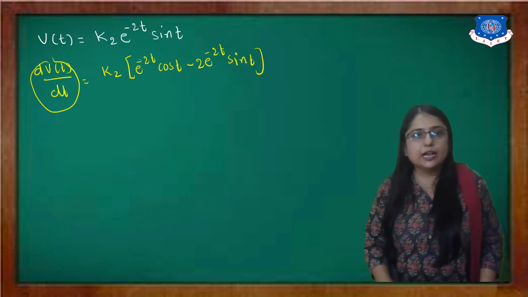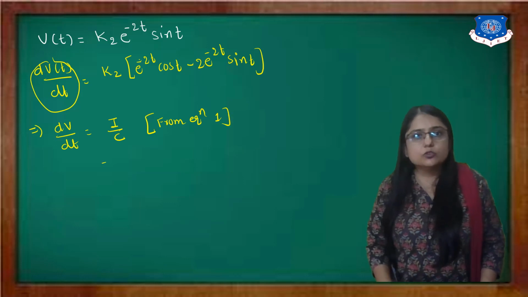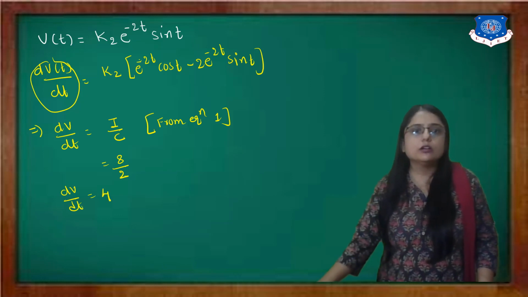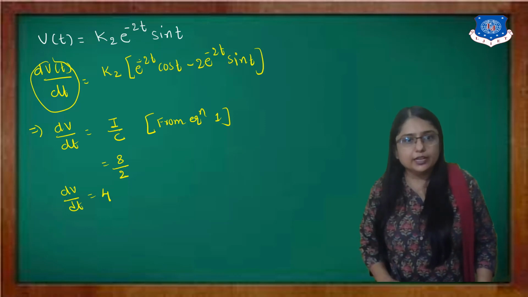We know that dV by dt equals I by C, and we get this from equation number 1. So it's 8 by 2, so dV by dt becomes 4.